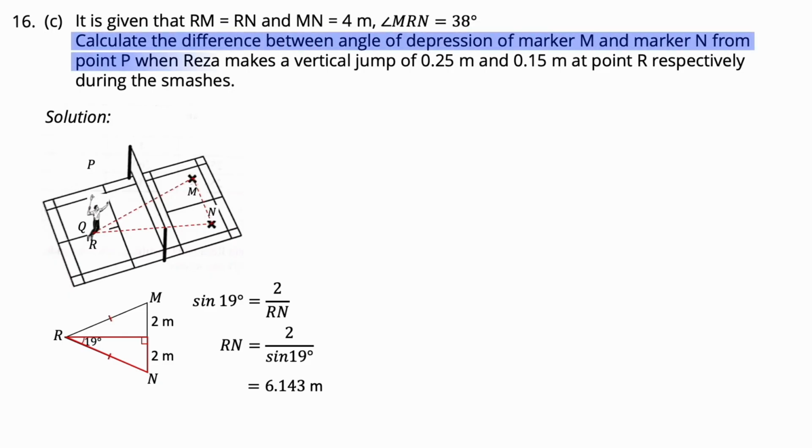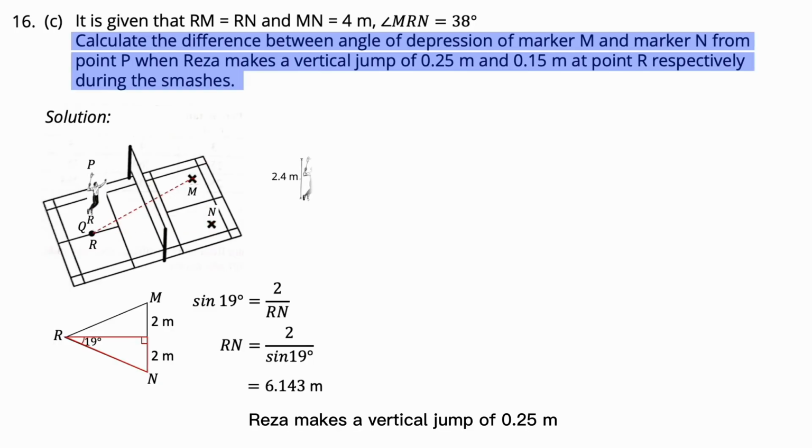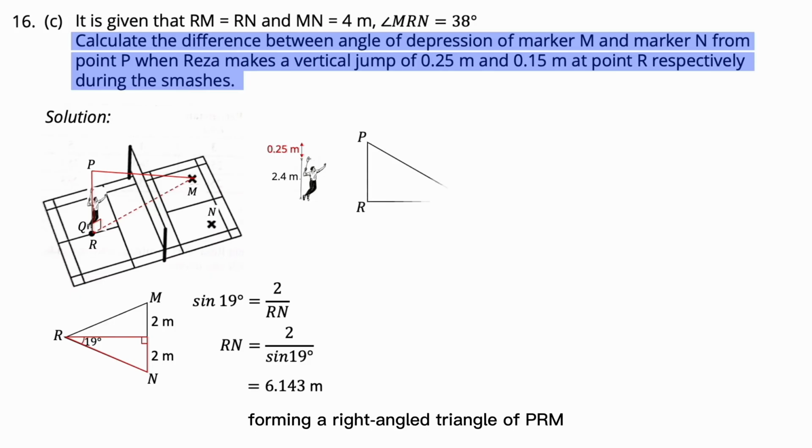Calculate the difference between angles of depression of marker M and marker N from point P when Reza makes a vertical jump of 0.25 meter and 0.15 meter at point R respectively during the smashes. Reza makes a vertical jump of 0.25 meter and smashes the shuttlecock to the marker M, forming a right-angle triangle PRM.